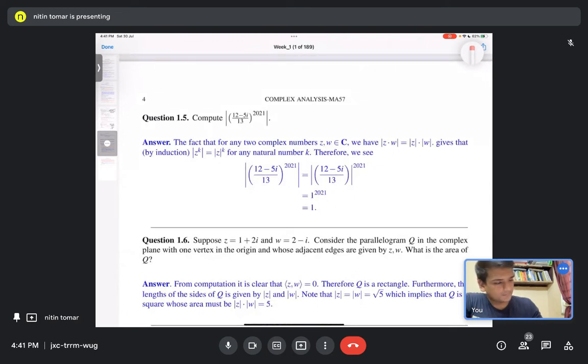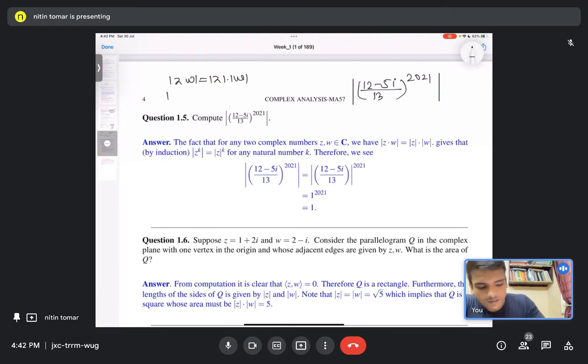Fifth question. You have to find the power 2021 of this complex number. You know that the power will go down, right? Because if you have two complex numbers, the modulus splits.